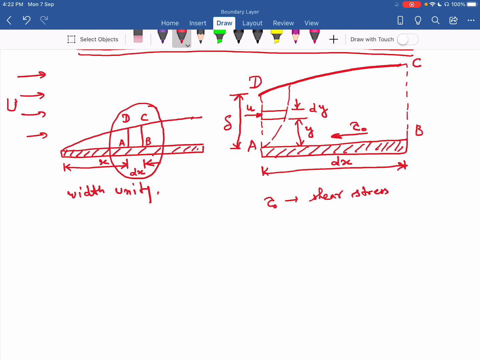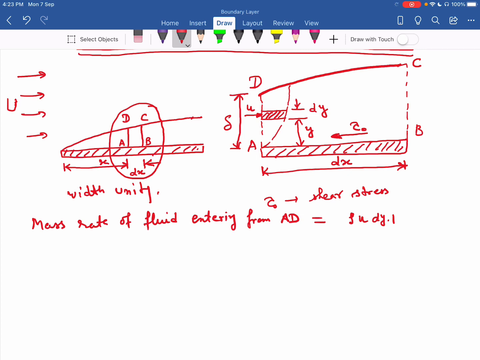Now I try to write the mass rate of fluid entering through AD. Through the small strip, the mass entry is rho into area into velocity. So that is rho, the density of the flowing fluid, area is dy into width of the plate normal to the screen, into the velocity of the layer u.